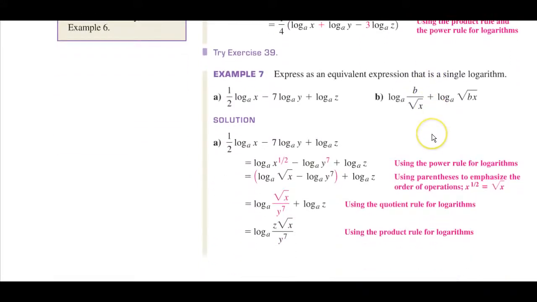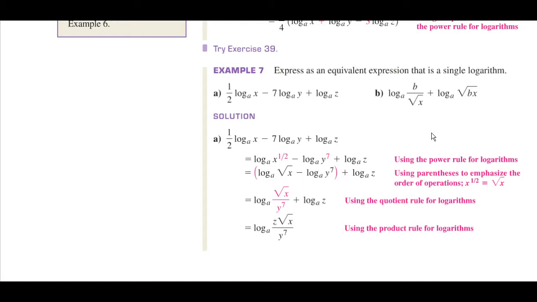Okay, now looking at example 7, we're going to take what we had in its long form and then revert it to its short form. So in letter A, it's going to become this. Okay? And it's actually too much writing. Let's see if we can just follow it now. So we know this is 1/2.